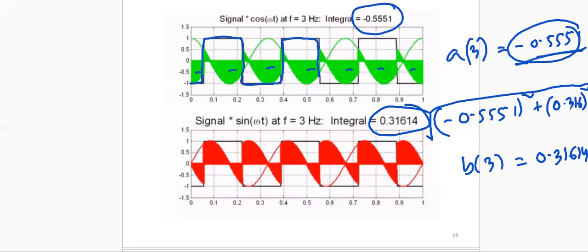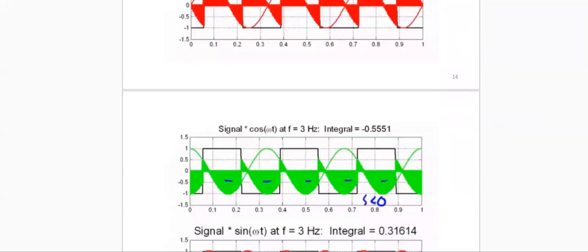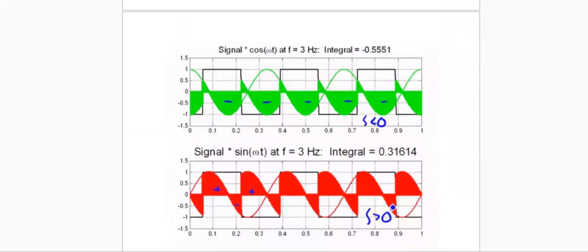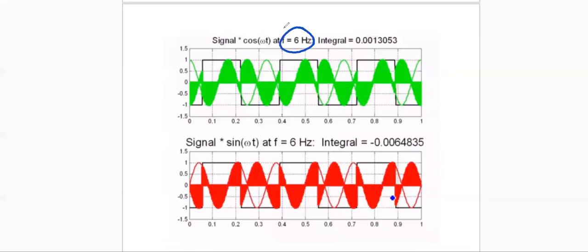If you proceed with some other frequency components, let's say for A4, A5, A6, you will get some small numbers, but still you got the number. For example, here it is, let's say, tried for 6 hertz. It is not exactly 0, you are getting some number, because our square wave is not a pure sinusoidal signal.